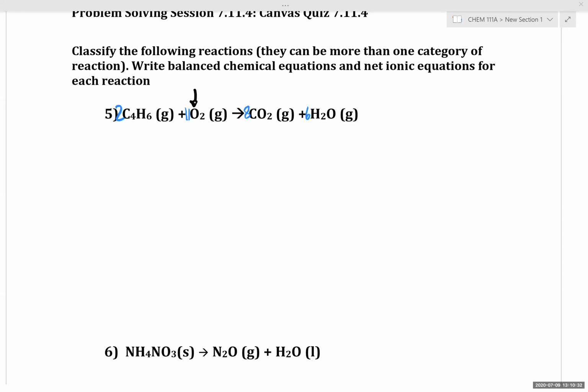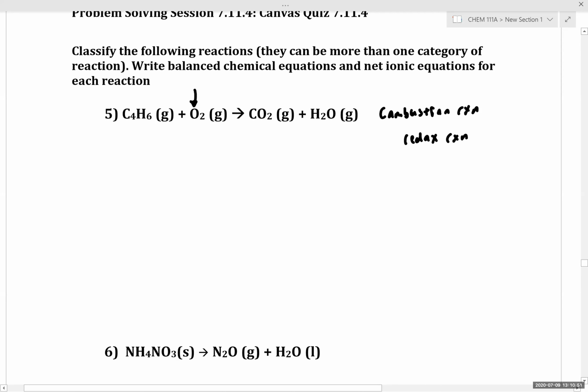Wonderful. Thank you again for providing input. Now let's come together to discuss, and I'll provide an instructor solution so that it exports in the notes. So this is in fact a combustion reaction. Other reasonable answers would be a redox reaction.